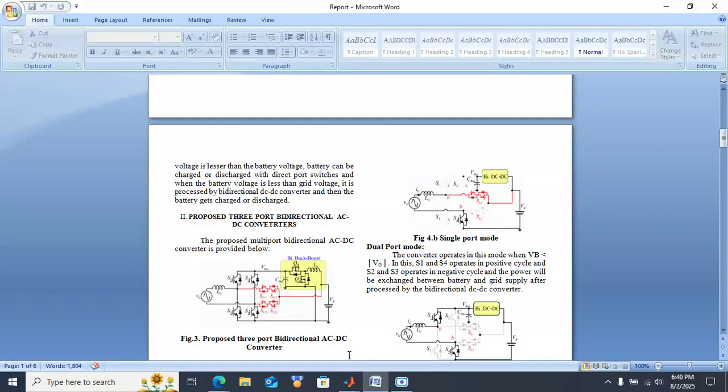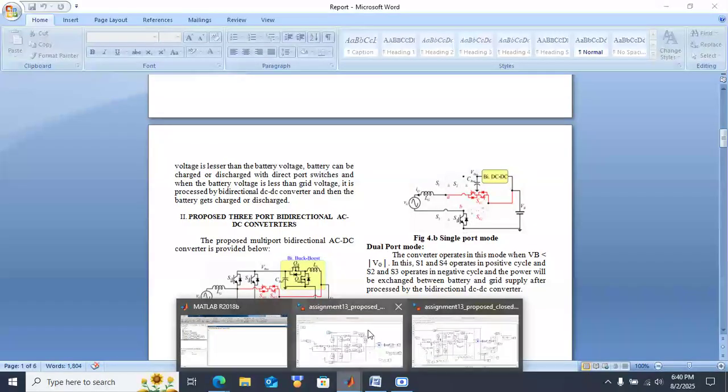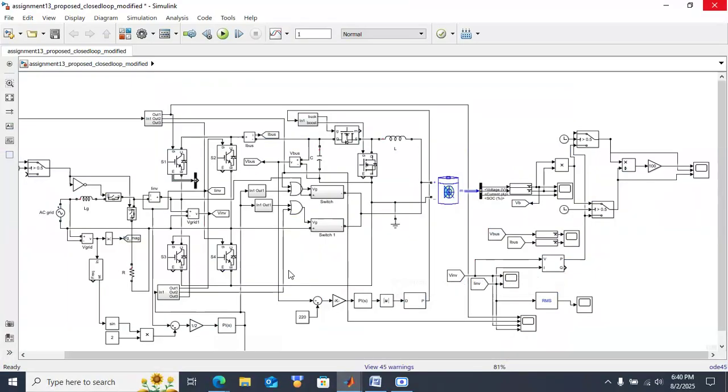Here, initially the AC supply will be on, and that will be provided to the battery as long as the battery voltage is higher than the AC voltage. If the AC voltage increases beyond the battery voltage, then it goes through the bidirectional buck boost converter.